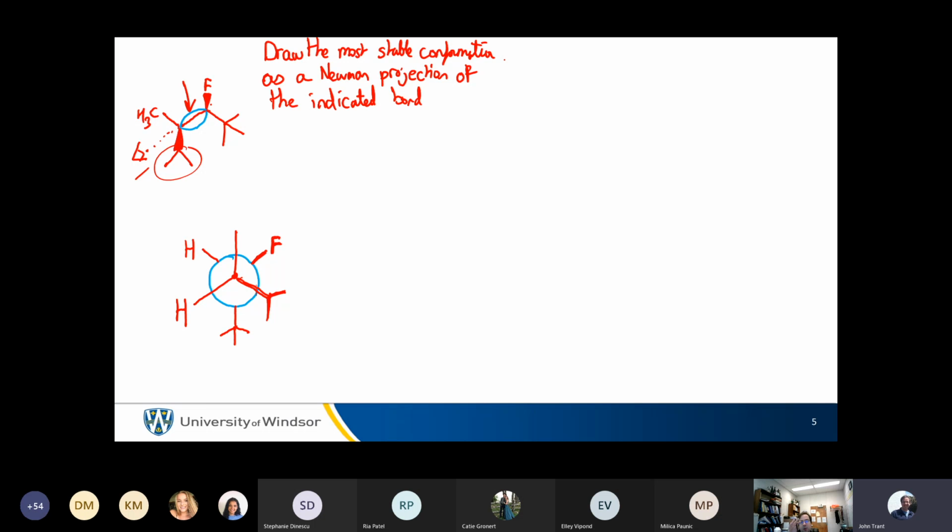Now we need to rotate the Newman projection to the most stable conformation. But to do that, we need to know what the most stable conformation is. And to do that, we need to identify which are the sterically biggest groups. Steric.